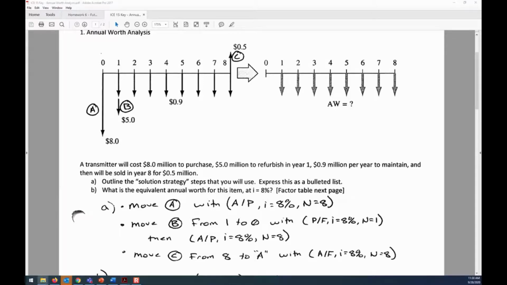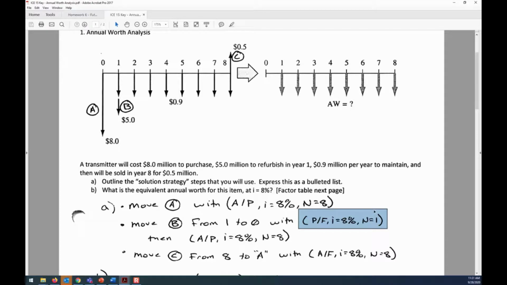B is going to go to time 0 with the P/F. This P/F converts the amount at time 1 to a lesser amount at time 0 because it's going to be discounting it from the future to the present. So when I do that, I should expect that the factor is going to be less than 1.